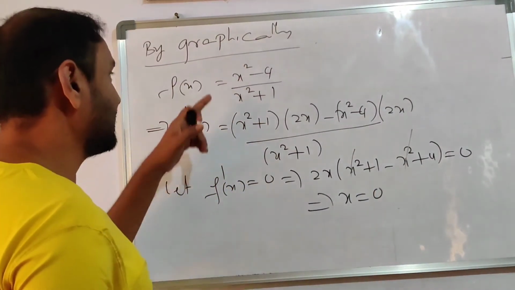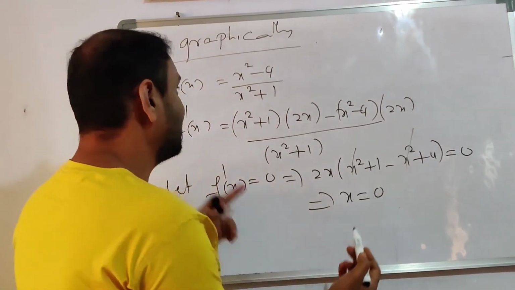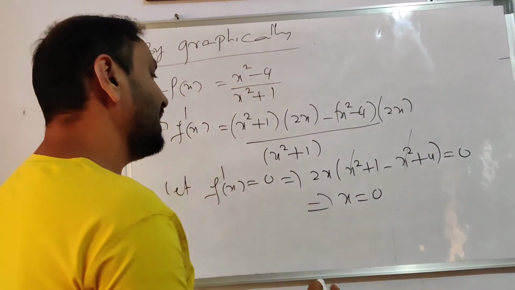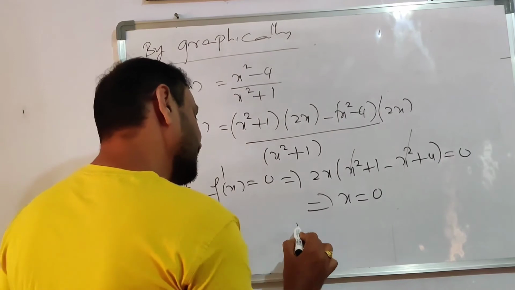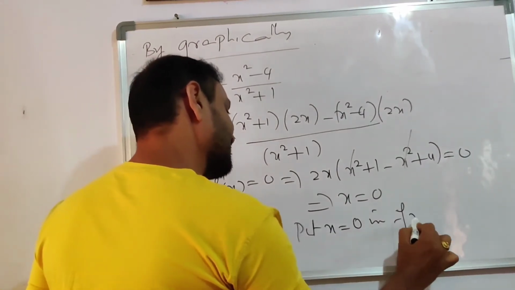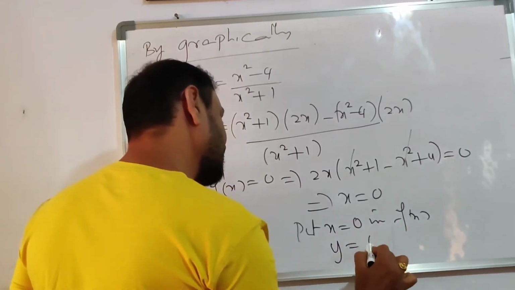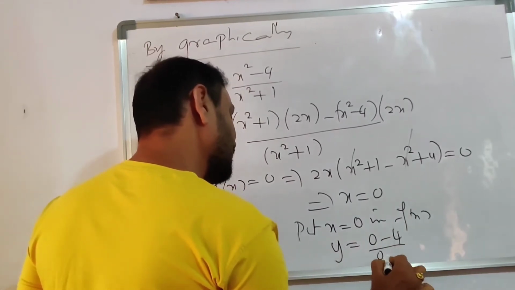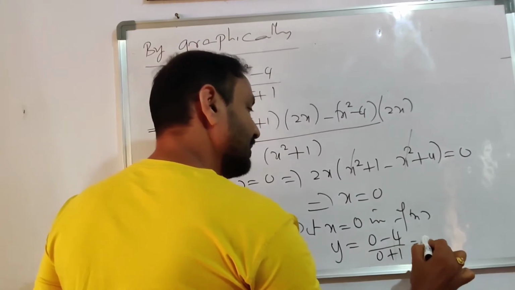If x = 0, what is y? That is very important. Put x = 0 in f(x): y = (0 − 4)/(0 + 1), which is −4.